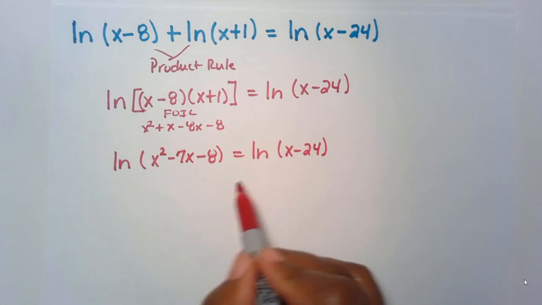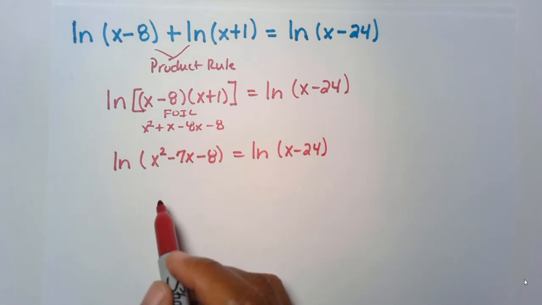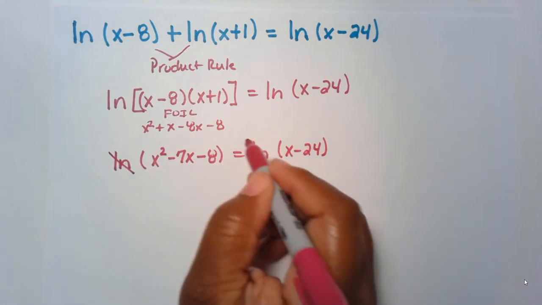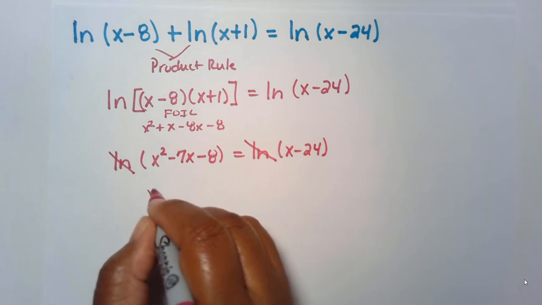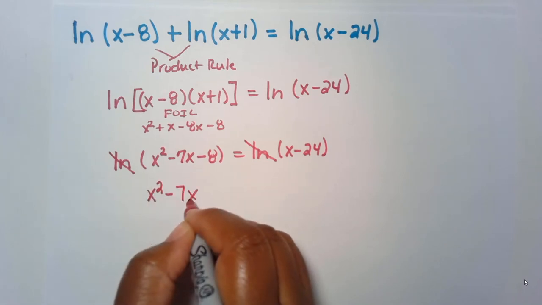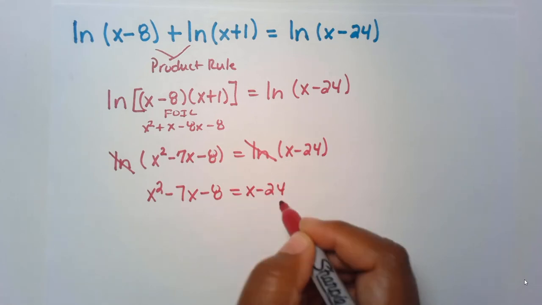Now, these are natural logs, but the rule will still apply. We're going to use the one-to-one property. So the ln's divide, we can cancel those out. And then we have x squared minus 7x minus 8 equals x minus 24.